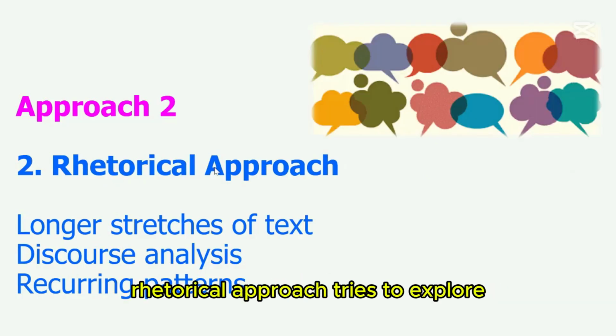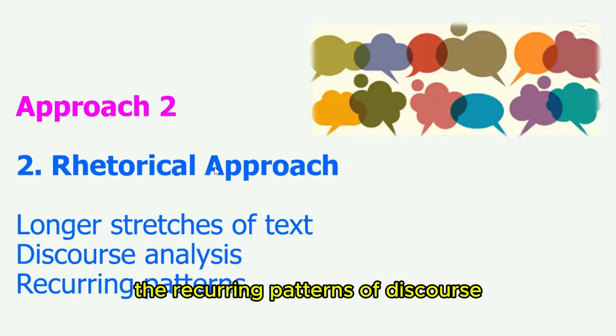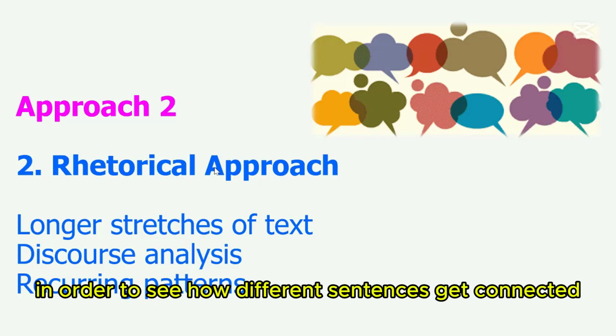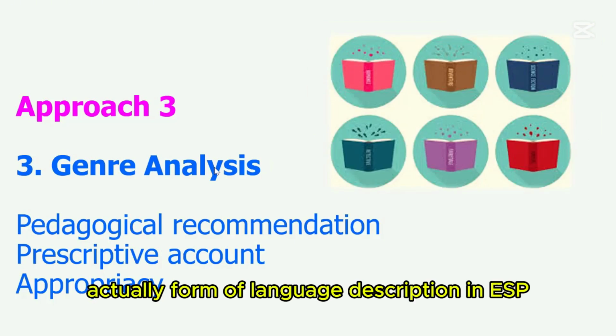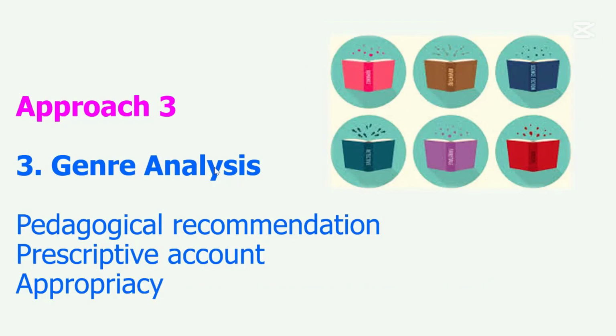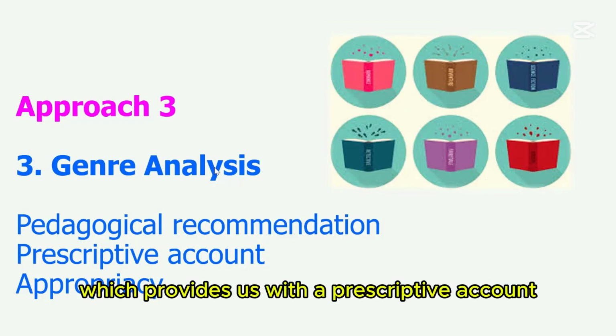Rhetorical approach tries to explore the recurring patterns of discourse in order to see how different sentences get connected to formulate a paragraph. And genre analysis is the most advanced form of language description in ESP, which provides us with a prescriptive account.